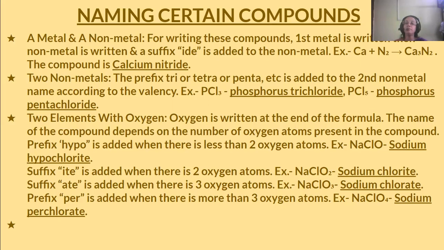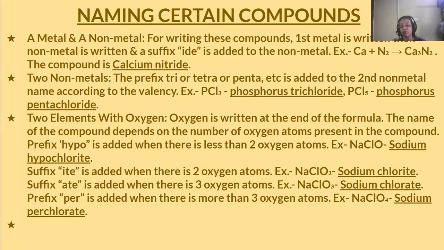Now, when there is a compound having 2 non-metals, both of them non-metals, then we add a prefix like tri, tetra, penta, etc. to the second non-metal, not to the first. For example, see PCl3.